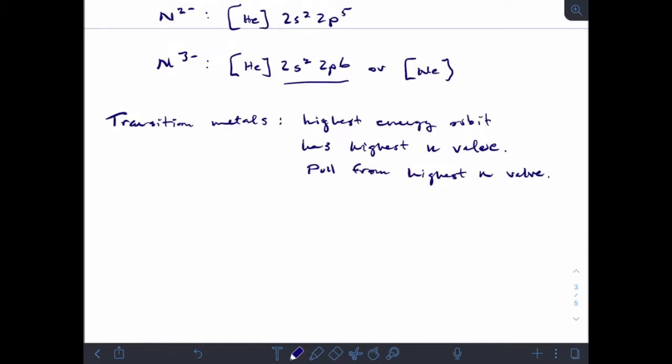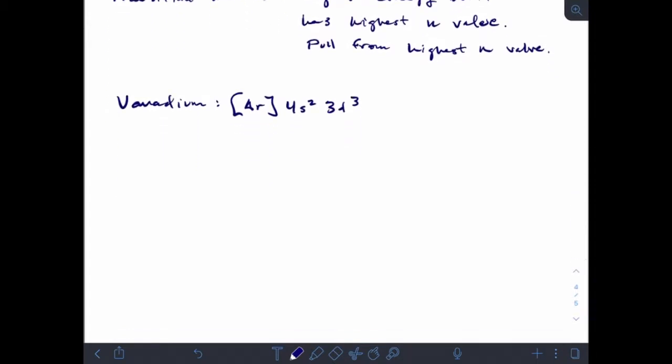Let's look at an example of vanadium, which makes wonderful colors of green when vanadium is in minerals. Our neutral vanadium is argon 4s2, 3d3. When I go to make this vanadium plus, I'm going to pull from my highest n value first. So this will become argon 4s1, 3d3.